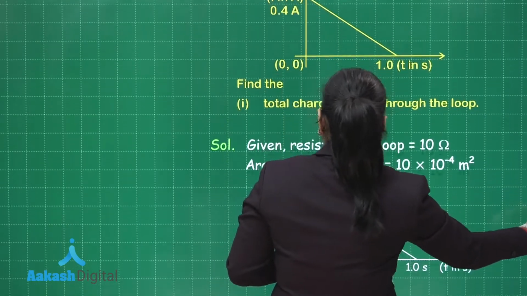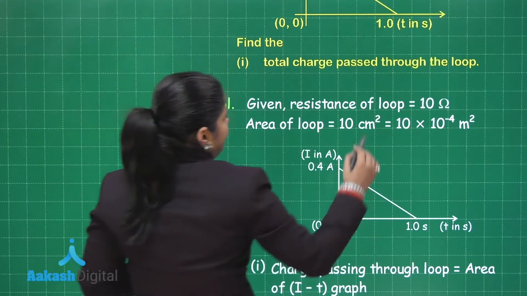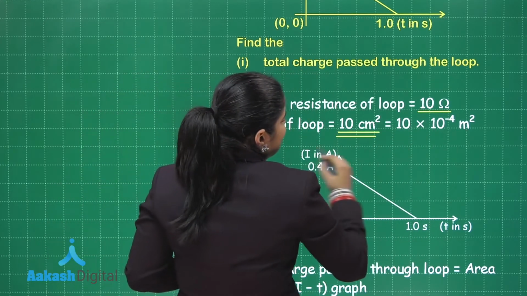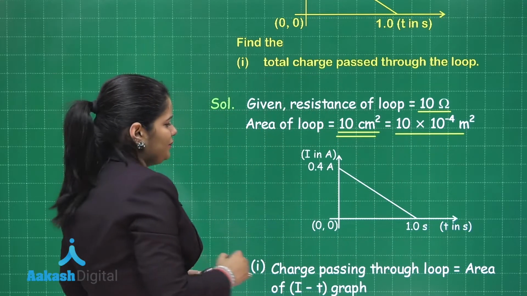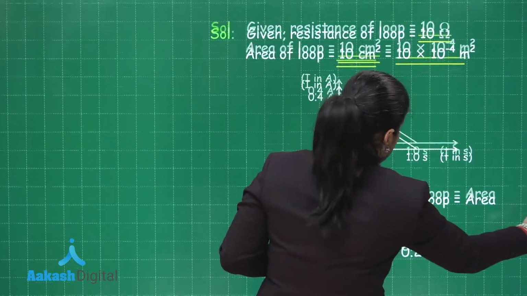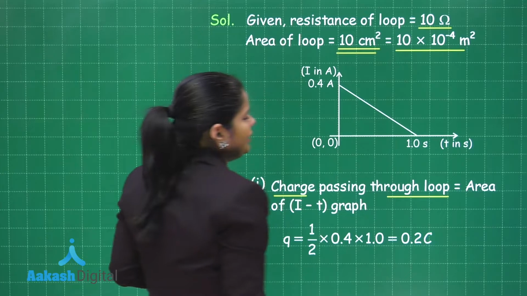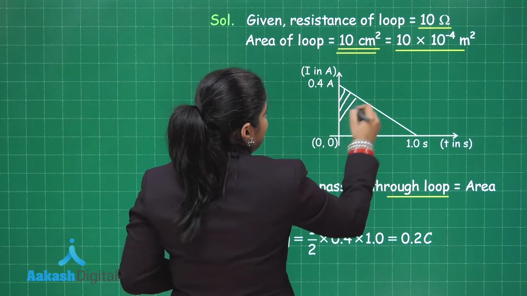So here we are given the resistance as 10 ohm. We are given the area of the loop as 10 centimeter square, which is 10 into 10 raised to the power minus 4 meter square. This is the graph. And to calculate the charge passing through the loop, what we need to calculate is this area, that is area of the I-t graph.